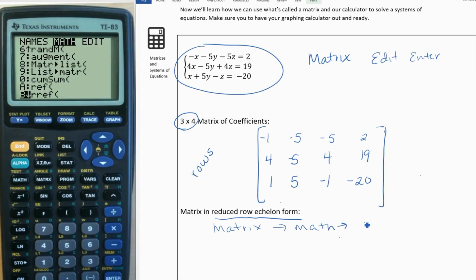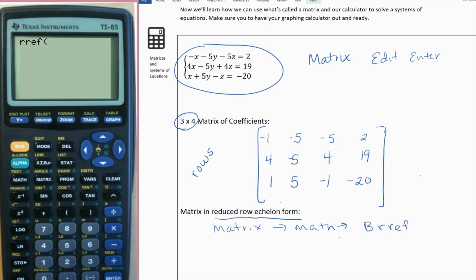So B here says RREF, so we're going to hit enter there. Now we need to tell it that we want it to do it to matrix A. That's where we put stuff in. So hit matrix, choose A, and then hit enter.